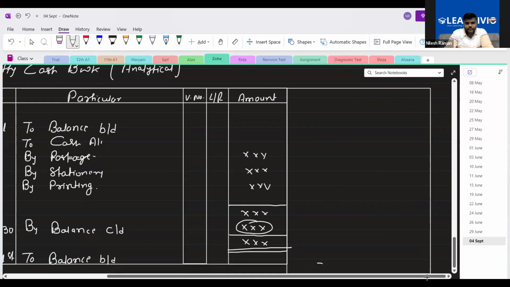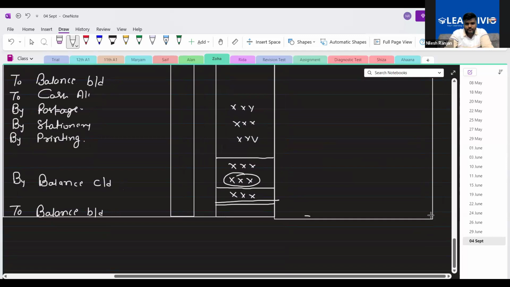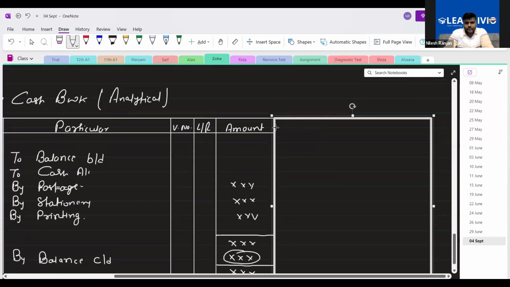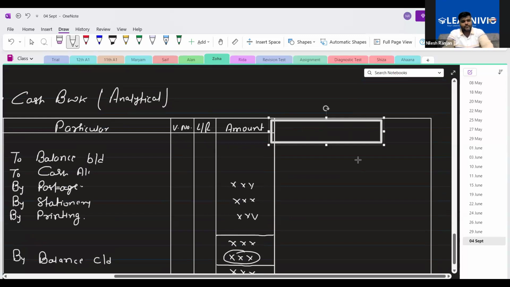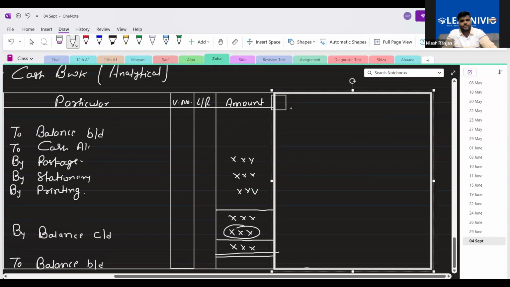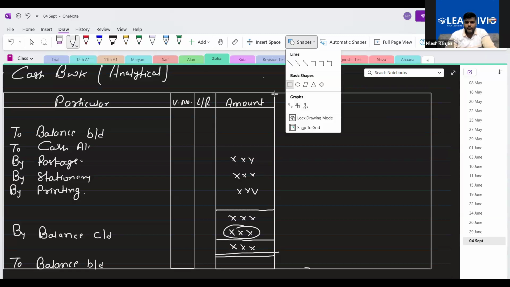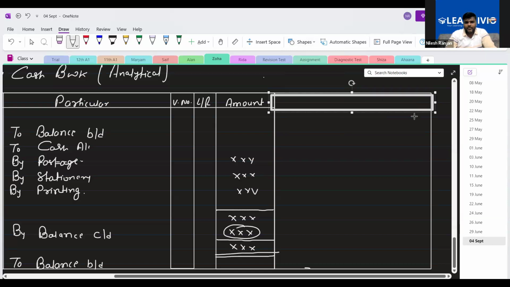Actually, there is some problem with the lining.